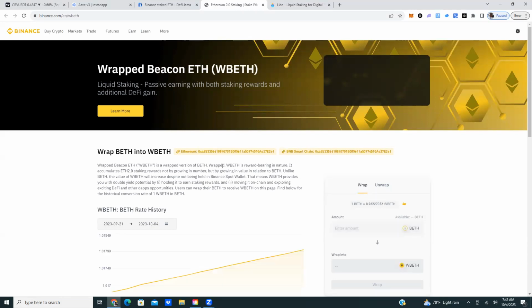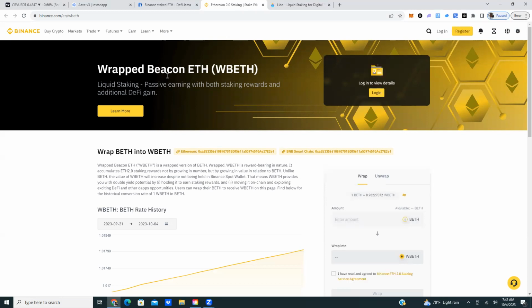Nice. Wrapped Beacon Ethereum, liquid staking, passive earning with both staking rewards and additional DeFi gain. Wrapped Beacon Ethereum is a wrapped version of BETH. Wrapped BETH is reward bearing in nature.